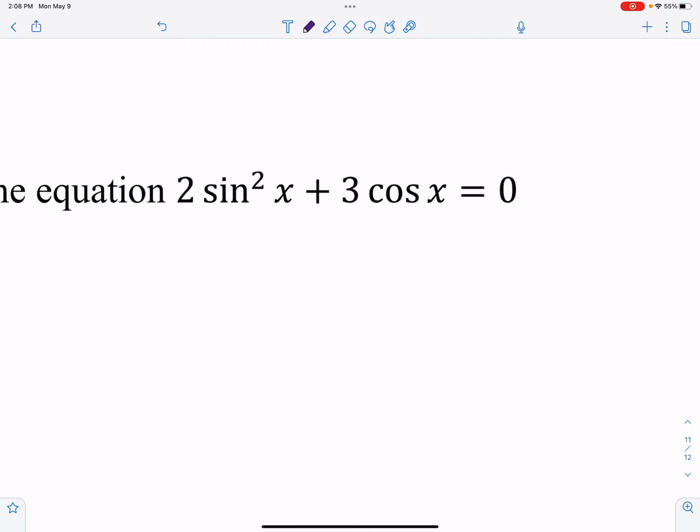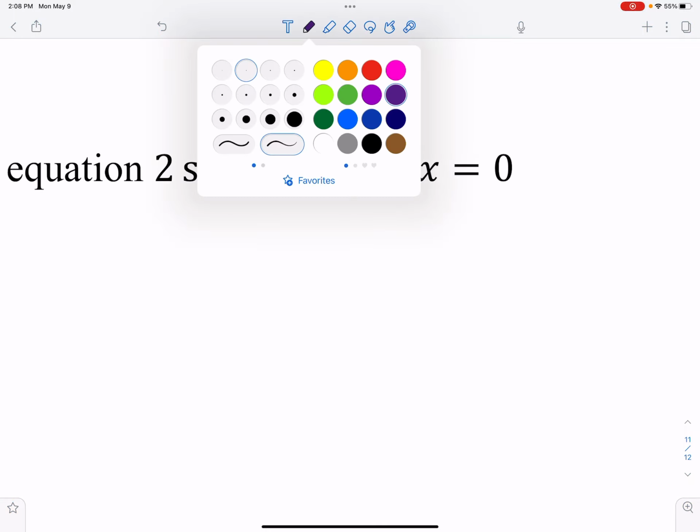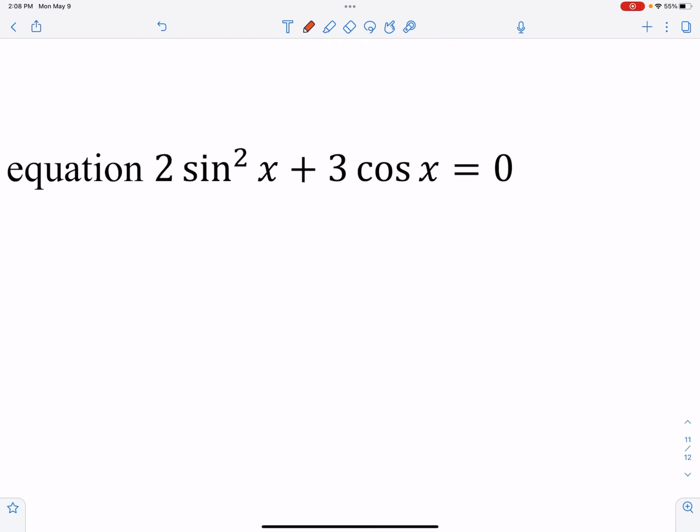Okay, so this equation, we have sines and cosines. So oftentimes you need to use identities whenever you have an equation where you have multiple trig functions involved. So we want to be able to write this in terms of a single trig function. Since we have that Pythagorean identity, sine squared plus cosine squared equals 1, we can replace sine squared with 1 minus cosine squared.